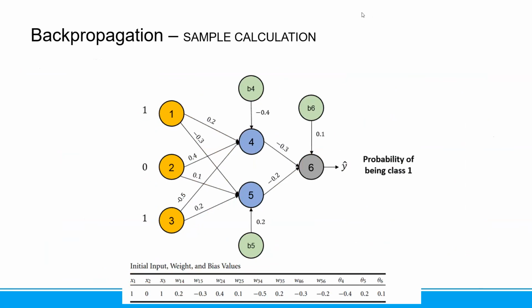So let's put all the numbers like this. 1, 0, 1 is the initial value for the input. And then we have all the numbers as the weight, and this is the bias. So how does this network work?